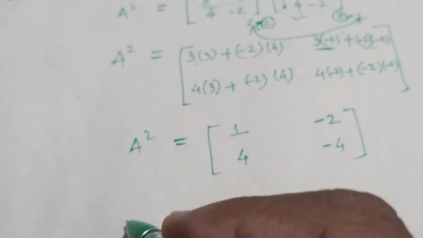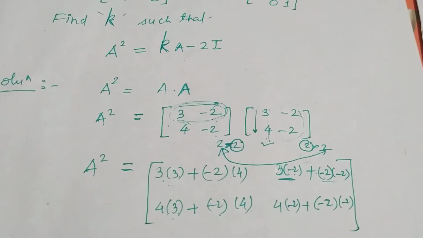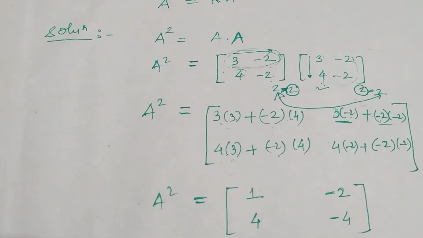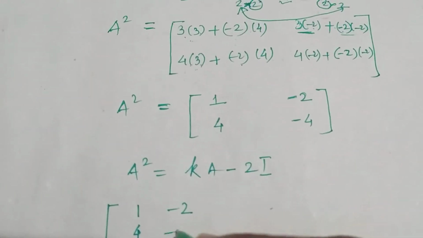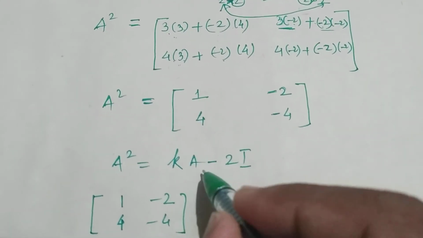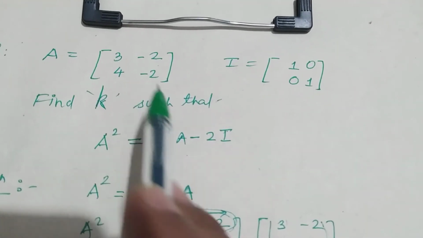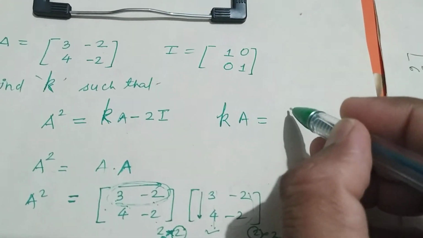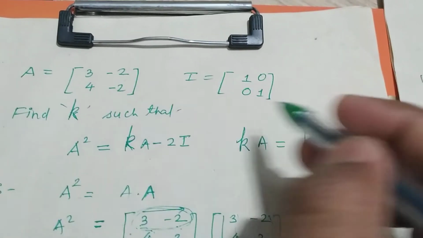Now, without wasting much time, we'll put the value in the equation. What is that equation? A square is equal to k times A minus 2I. A square is nothing but 1, minus 2, 4, minus 4. This is equal to k times A, where A is 3, minus 2, 4, minus 2. So what is k times A? Each and every element should be multiplied by k.